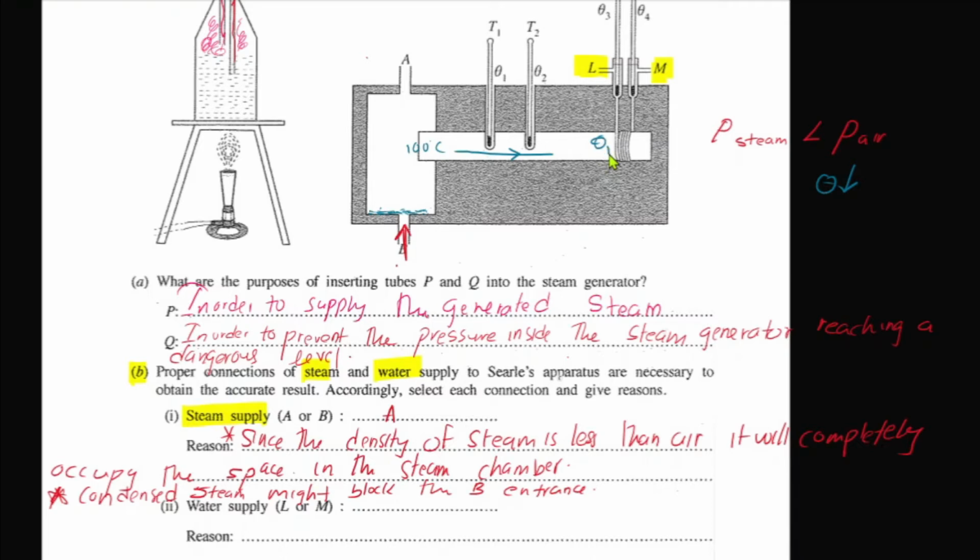So if we assume the temperature here is theta 1, and here theta dash and theta double dash, obviously theta dash is greater than theta double dash. Somehow water should be absorbing heat, right?